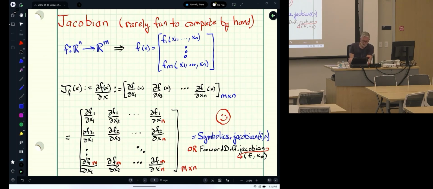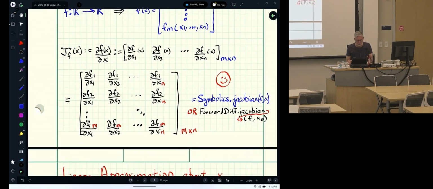The first column of the Jacobian is the function's partial derivative with respect to x1. The second column is the partial derivatives with respect to x2. And finally, the nth column is all the partial derivatives with respect to xn.